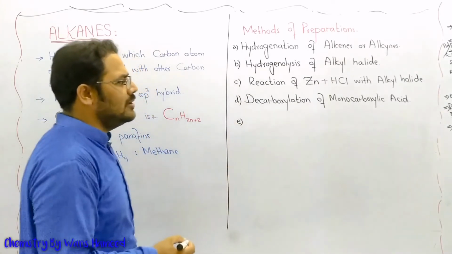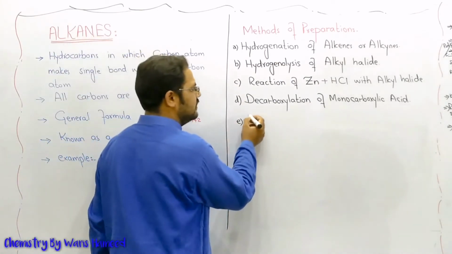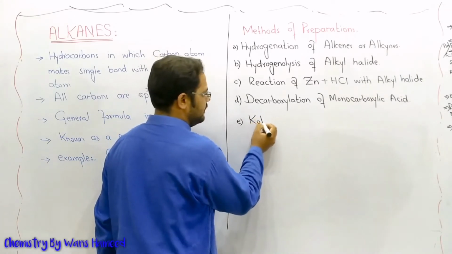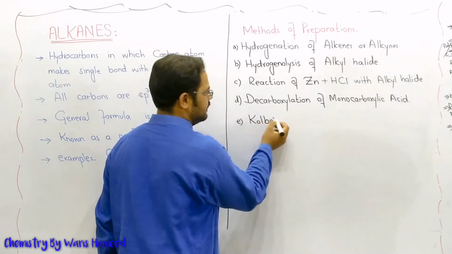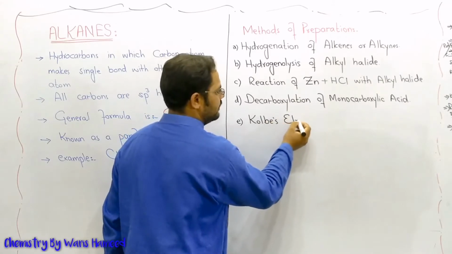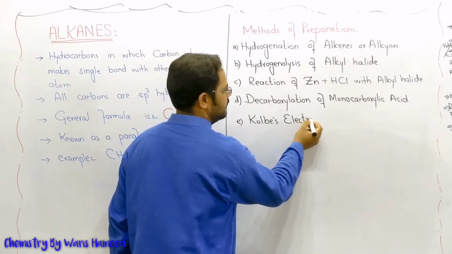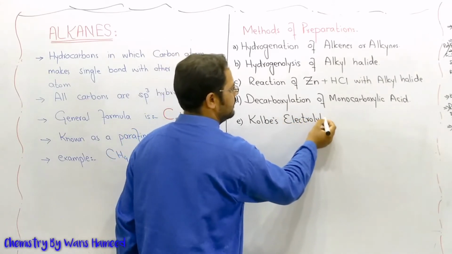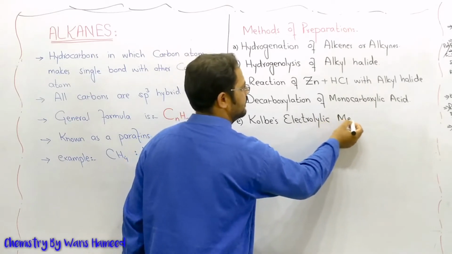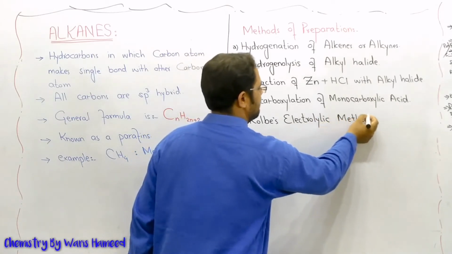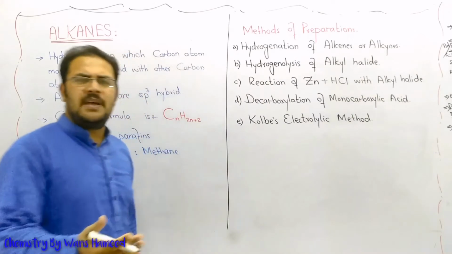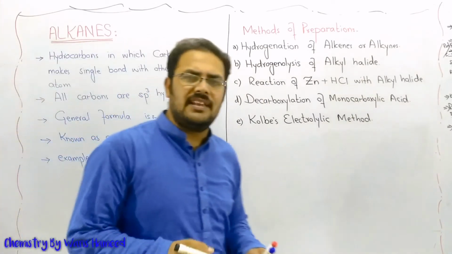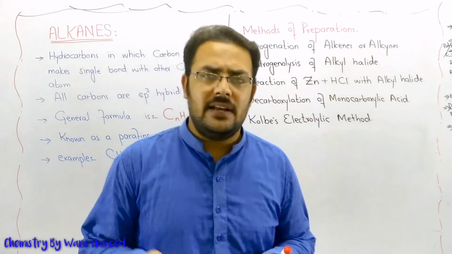The fifth method is Kolbe's electrolytic method. It is a very famous method for the preparation of hydrocarbons like alkane, alkene and alkyne.